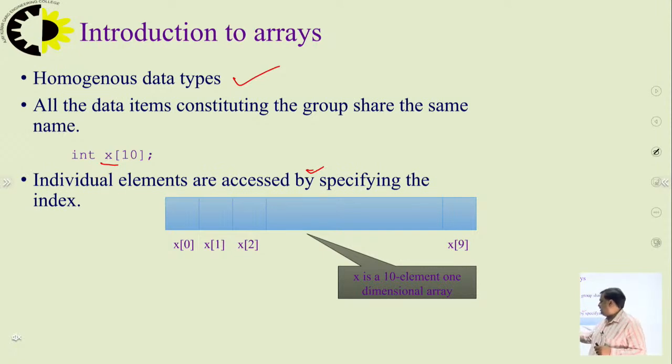Like this element is uniquely identified by X0, this element by X1, and this one is X2. So, this is how we are using these arrays. The last element is the 10th element. So, the index will be 1 less because we are starting with 0. So, it will be X9.